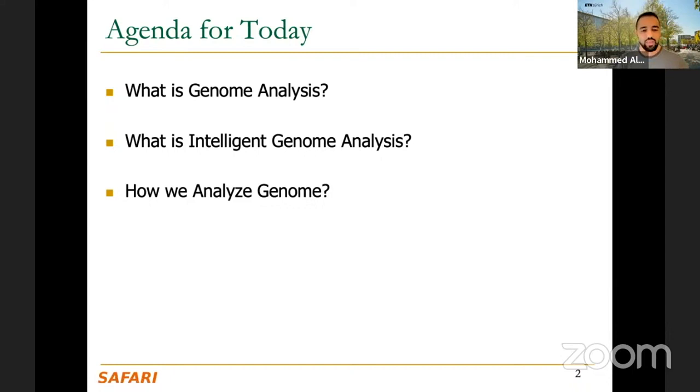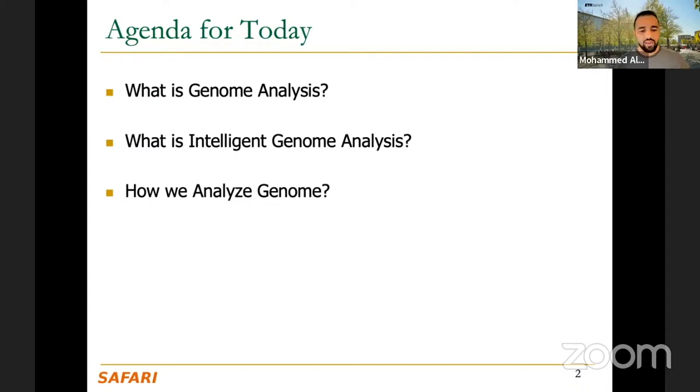And last week, we explained a lot of things about genome analysis and what is the problem, why we are not able to read the full genome as is. And then we will discuss what is intelligent genome analysis. So there's really a huge need to accelerate genome analysis, and not only acceleration, but also improving the privacy, the throughput of it, the energy efficiency, and so on.